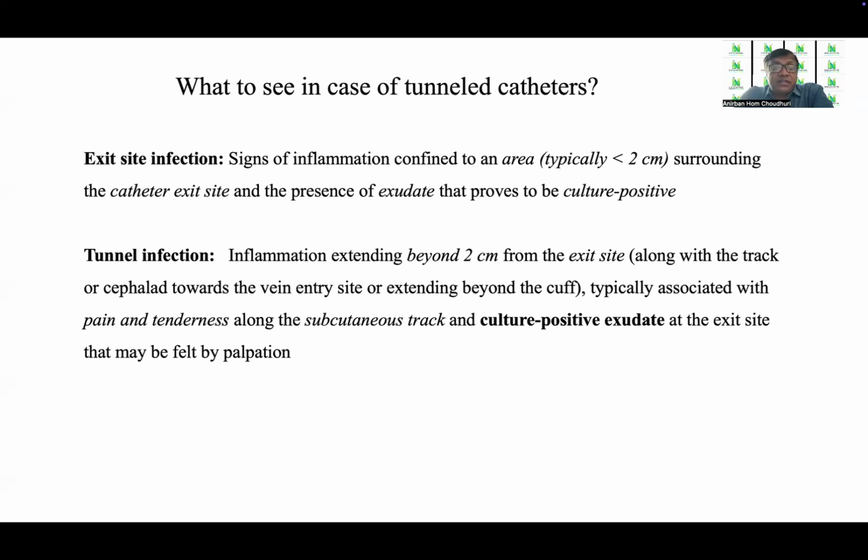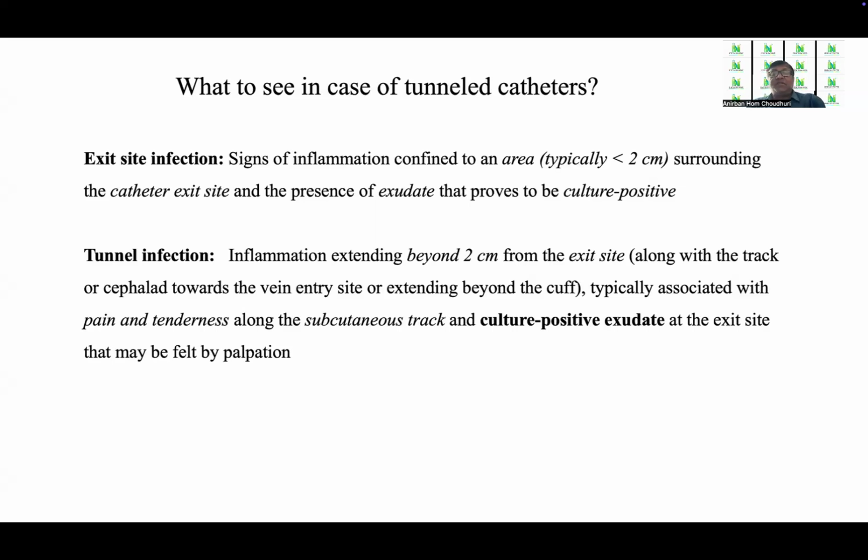And another infection is called the tunnel infection. As I told before, we create a tunnel or a space in the subcutaneous plane where most of the catheter lies, and the catheter is unexposed to the skin around the surface of the body. Now, in tunnel infection, the inflammation extends beyond 2 centimeter from the exit site.